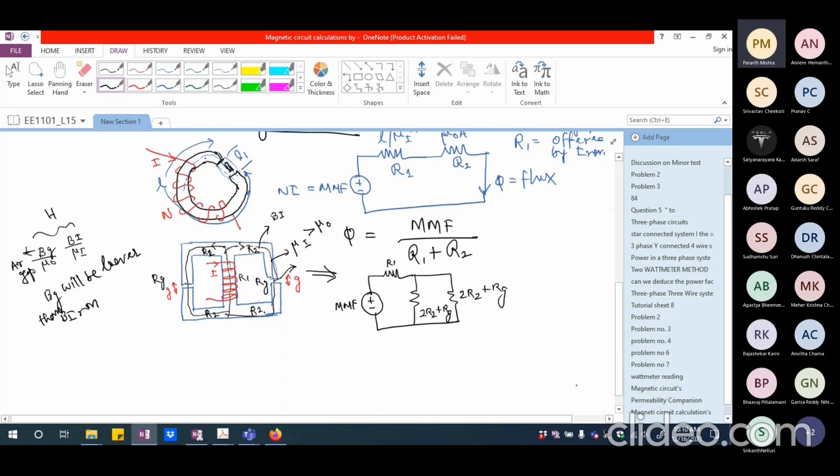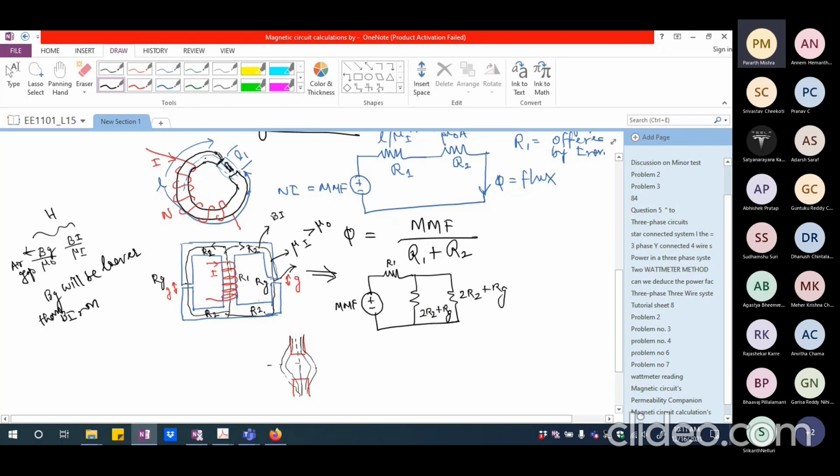To take care of this, what happens normally is, if the air gap is big enough, the magnetic field lines flowing like this, as they come near the air gap, are going to bulge, so that the area of cross section becomes larger as far as the air gap is concerned.